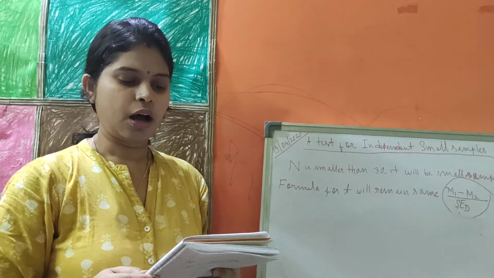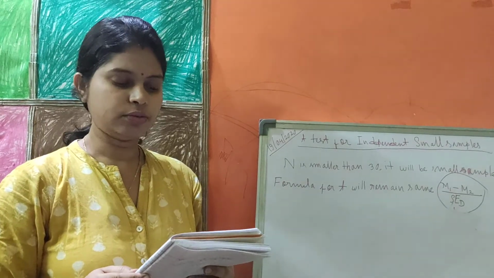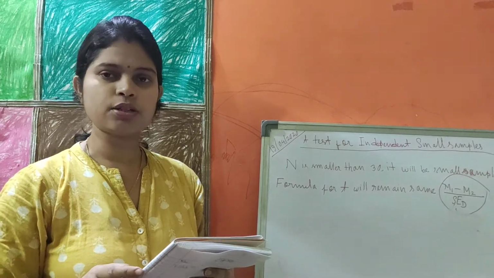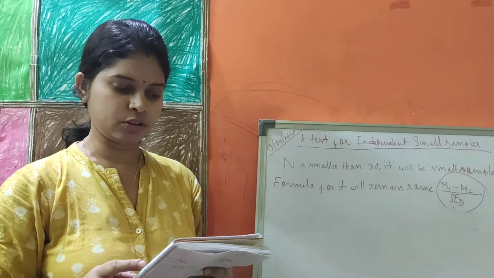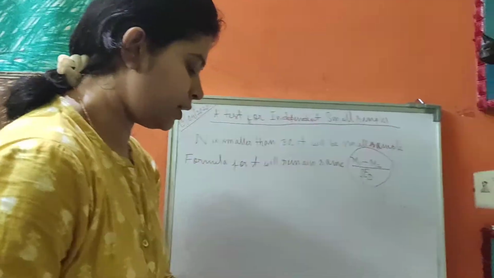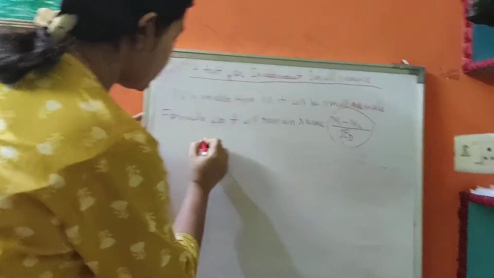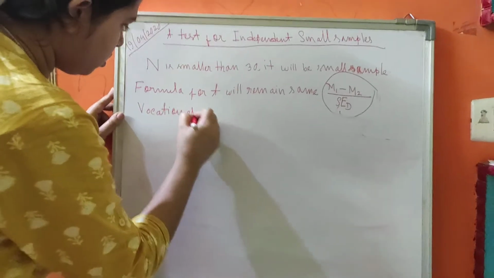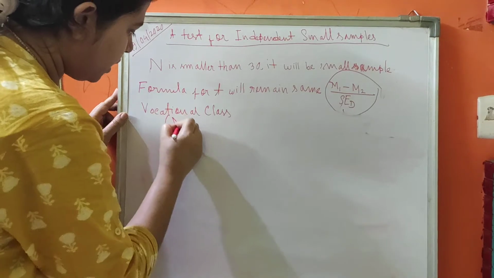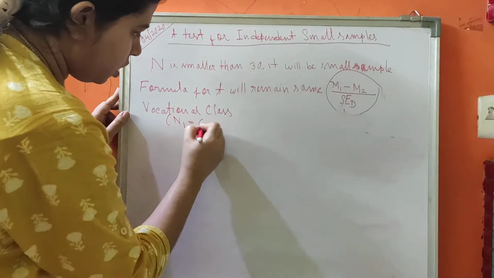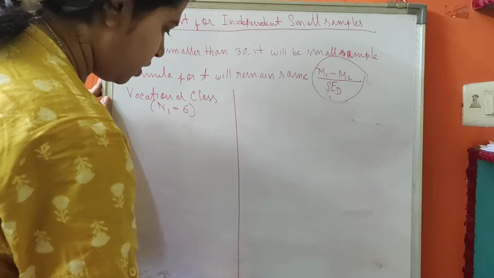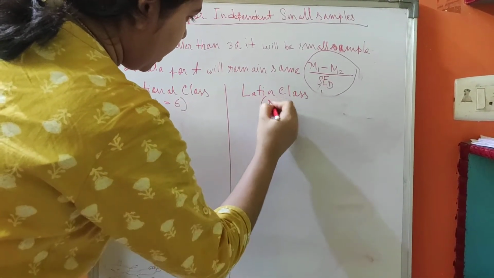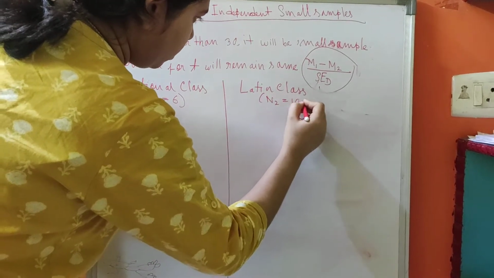After that their scores are found, and we want to compare whether the mean difference between these two groups is significant or not. So one group is the vocational class where n is 6, and the next is the Latin class where n is 10.